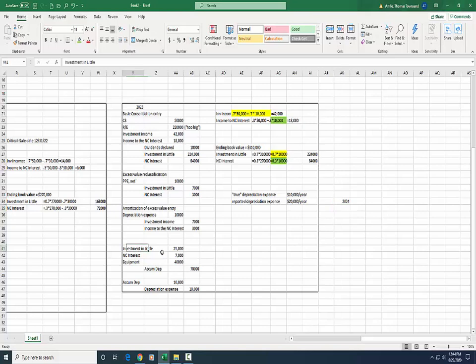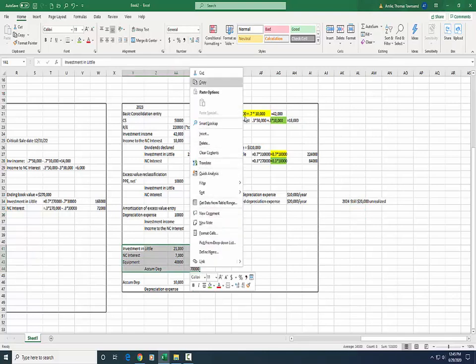Now first, this $30,000, that was the unrealized gain that we were carrying forward from the previous year. We realized or recognized $10,000 of it by reducing depreciation expense. So there's still $20,000 unrealized. So basically that's what's going to be carried forward, and we're going to recognize that.